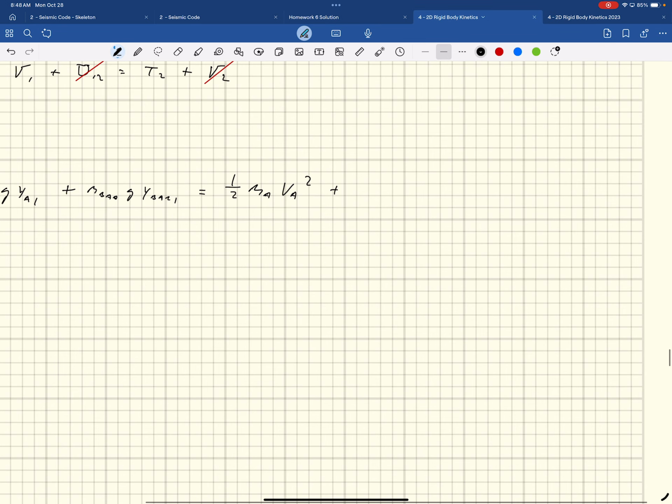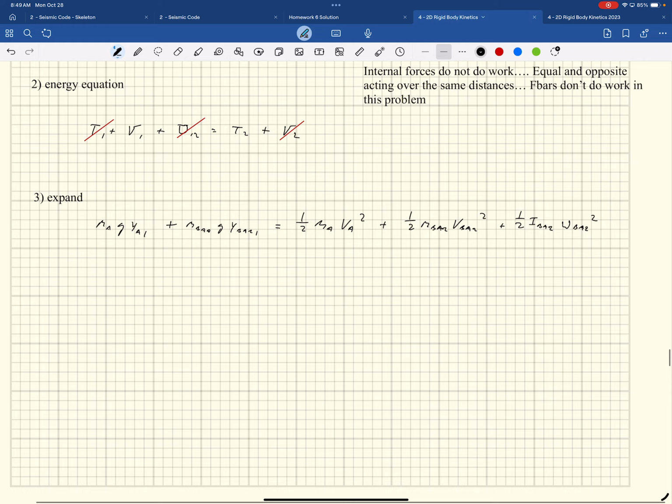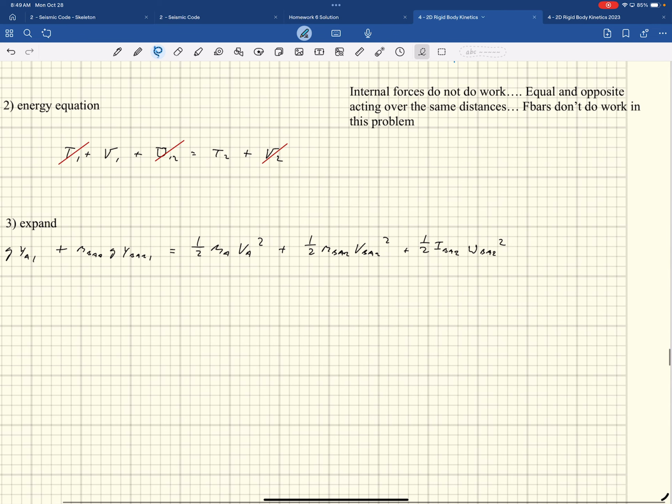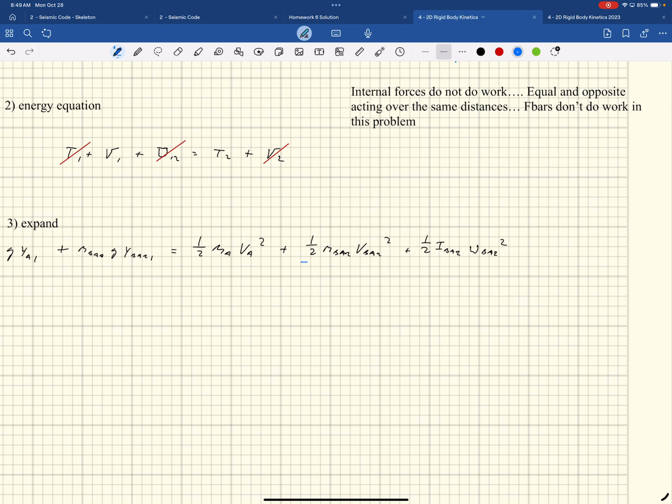So for this one we have to have both of those: 1/2 M bar V bar squared plus 1/2 I bar omega bar squared. I'm running out of room. Okay, that's all. So this is T_A, and this is T bar.